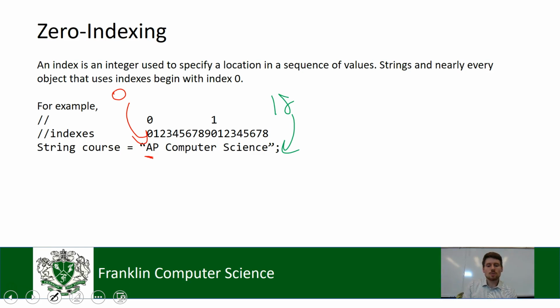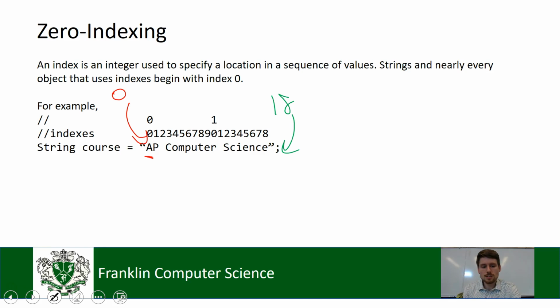Okay? And so it's handy to have, when you're first getting used to indexes for strings, their index written right above them, like I have here. Because we go more than 10, I wrote another line above it that's the tens place. So we have the ones place and the tens place above it.